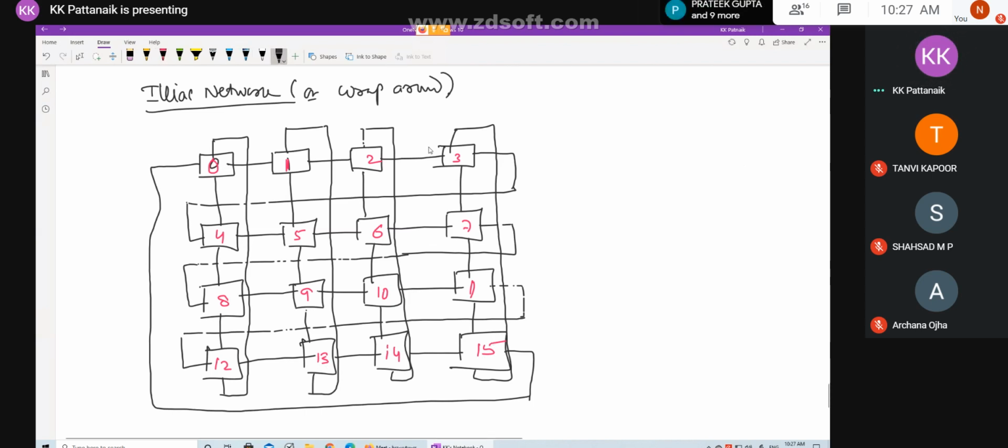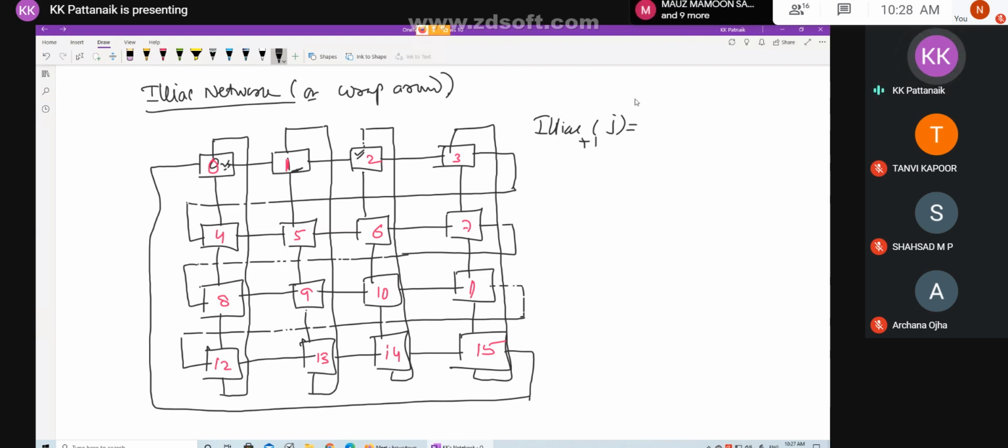we can write iliac plus 1 of j. Plus 1 means it's right. So say for example this node we are talking about. Plus 1 means this one, and minus 1 means this one. Plus n means the other side, and minus n is the other side.